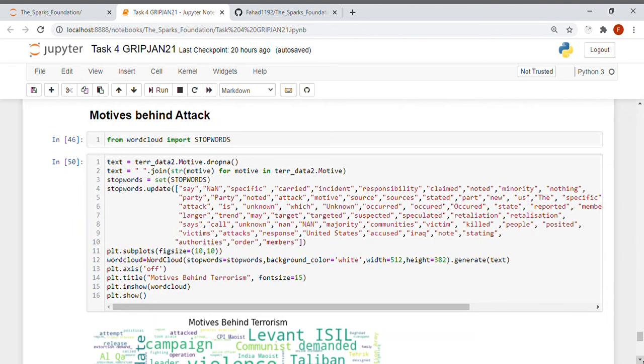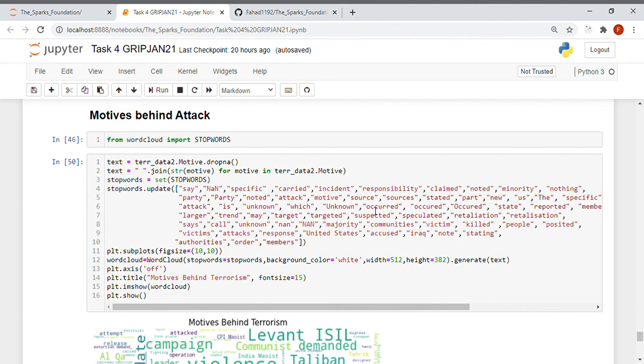Motives behind the attack. It is a very important visualization because it is important to find out the motive behind a terrorist attack in order to stop it or decrease it. It is also very difficult to find out sometimes because it is not very distinct. Motives can be different for different terrorist organizations.